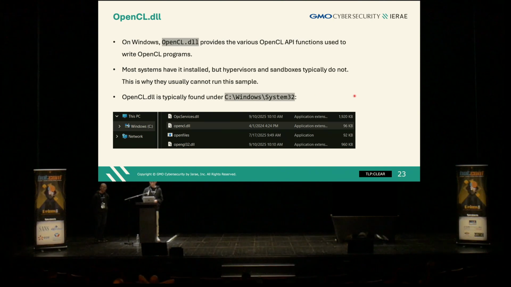Now, on Windows, the OpenCL DLL provides the various OpenCL functions used to write these programs or interact with it. Most systems have it installed, but hypervisors and typical sandboxes don't, so they have a hard time running this sample.